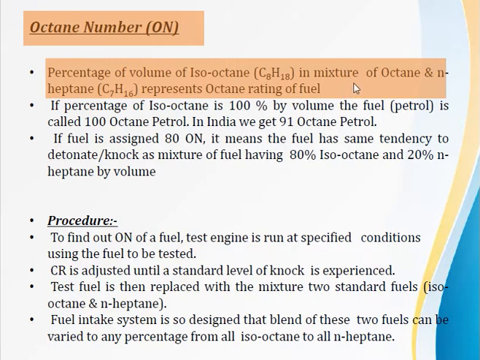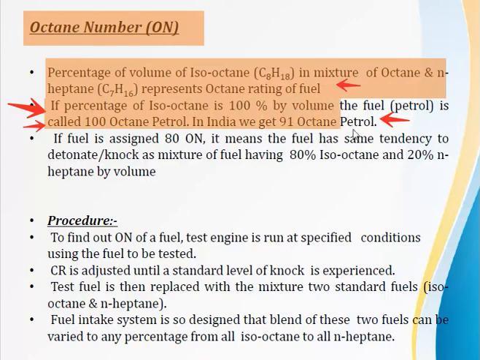If the percentage of isooctane is 100% by volume, the fuel is called 100 octane petrol, and in India generally we get 91 octane petrol.